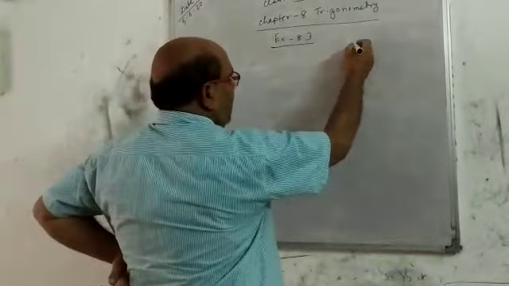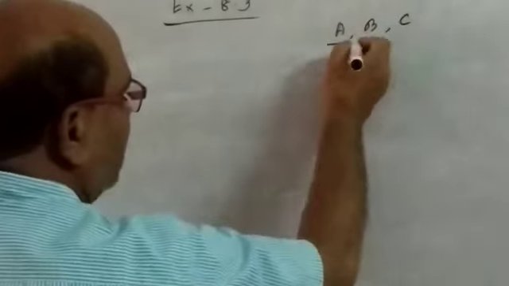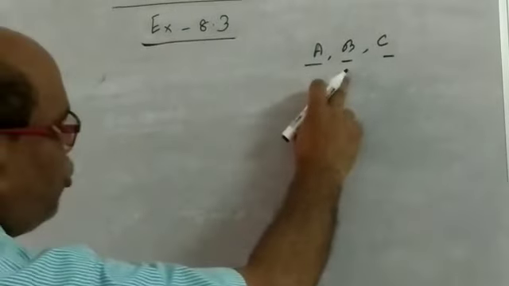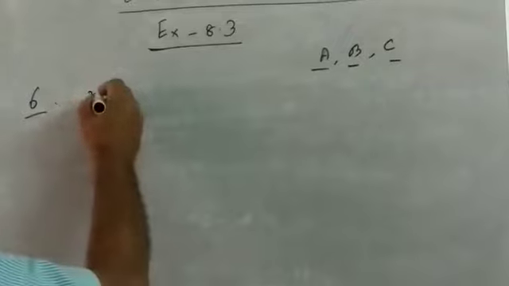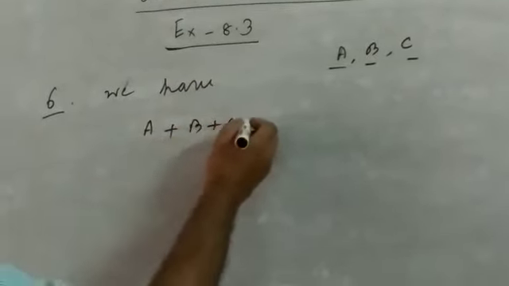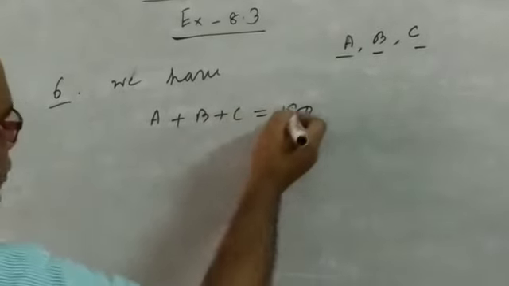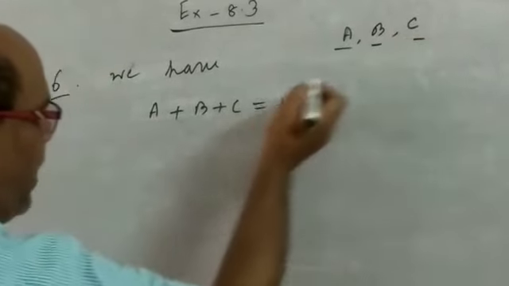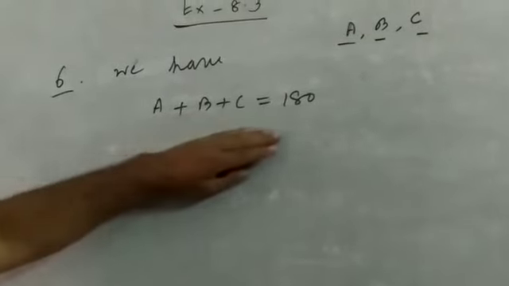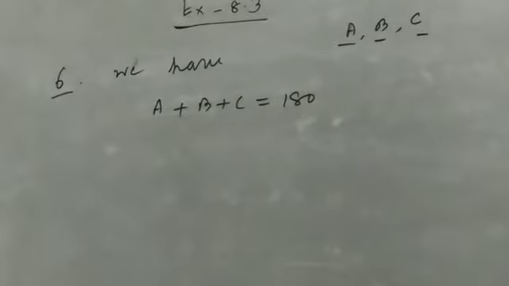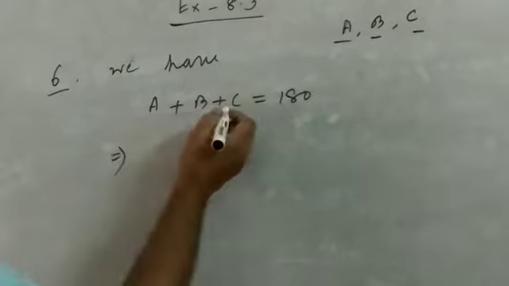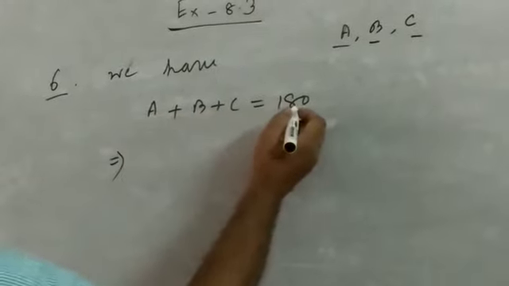Here A, B, C are the interior angles of a triangle. Since these are the interior angles of a triangle, we can write A plus B plus C is equal to 180 degrees. By the angle sum property, the sum of these angles is 180 degrees. Now we will divide the left-hand side and right-hand side by 2.